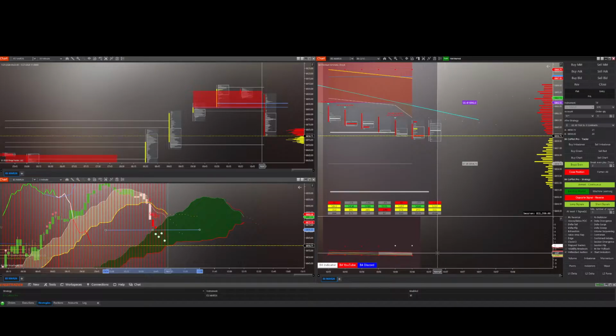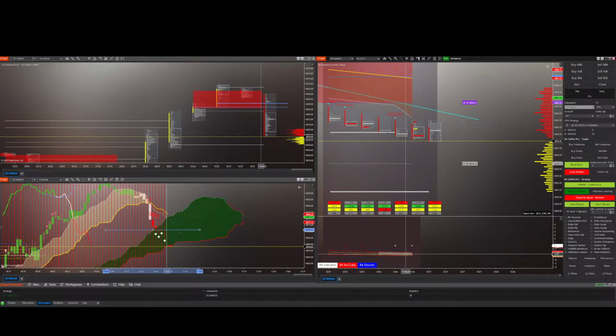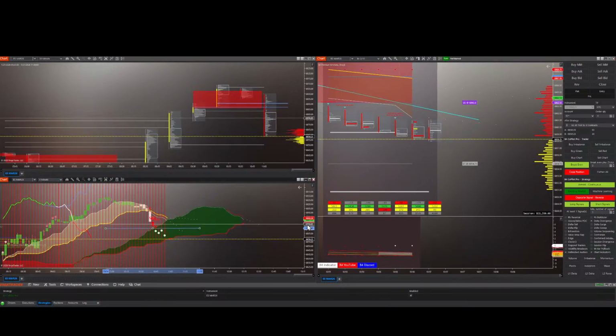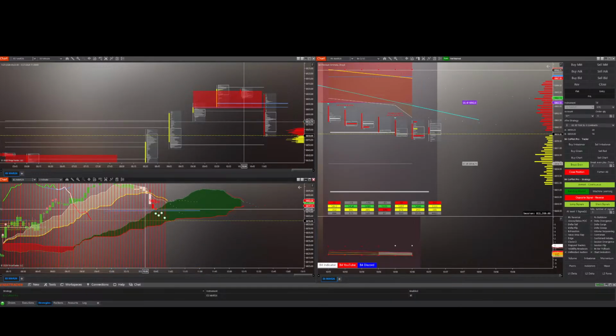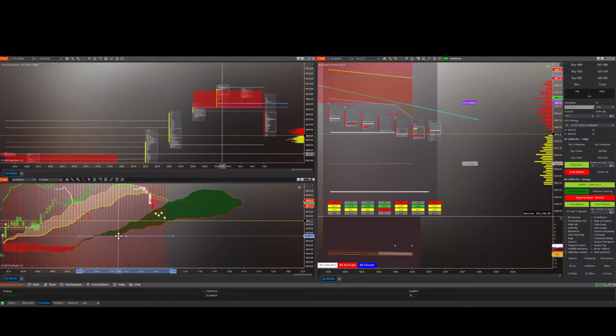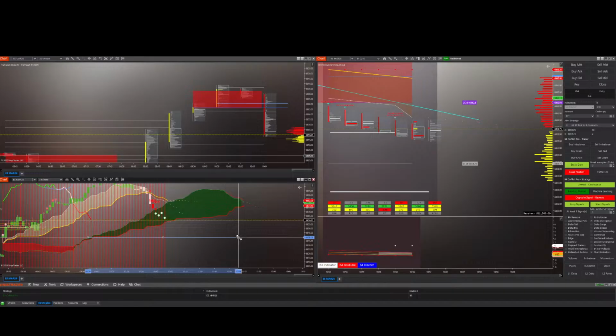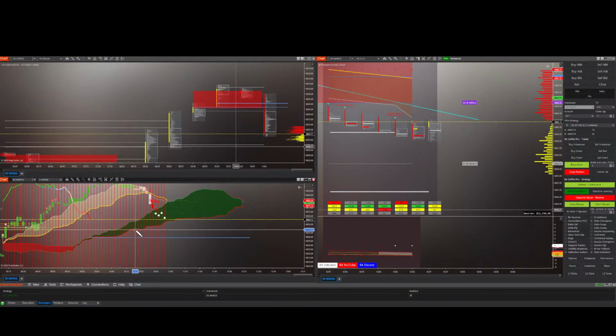We're at possible support here. We're in a squeeze. We're below the cloud here. If we break the cloud here, our next target area is right here, or possibly here.